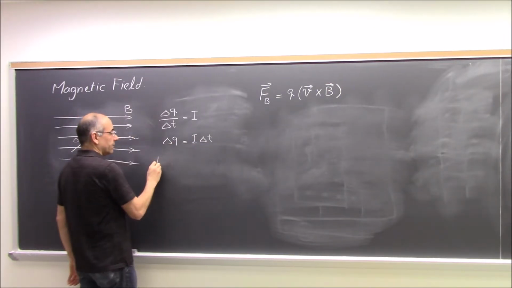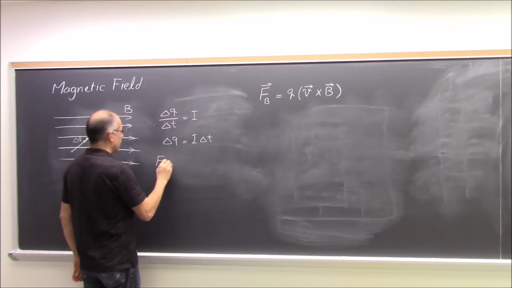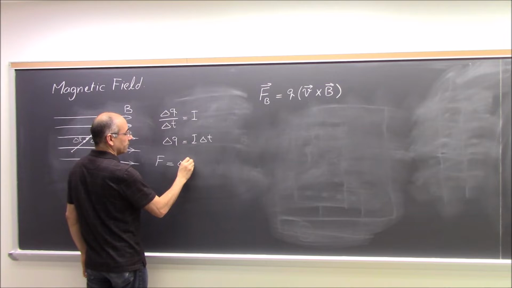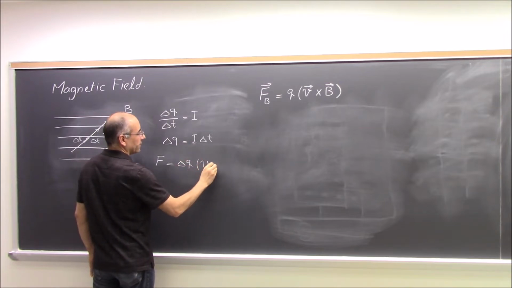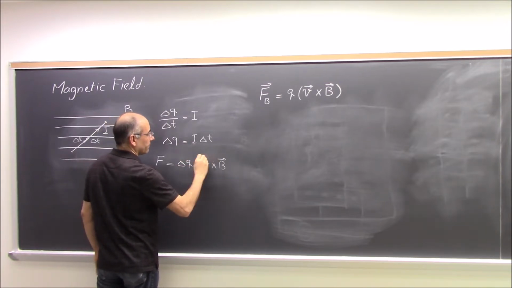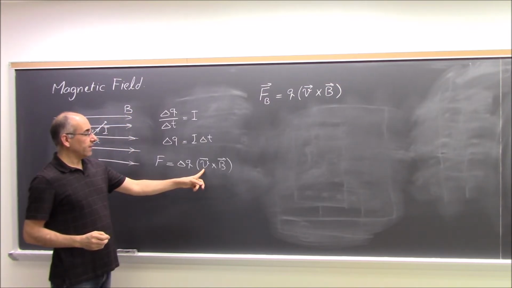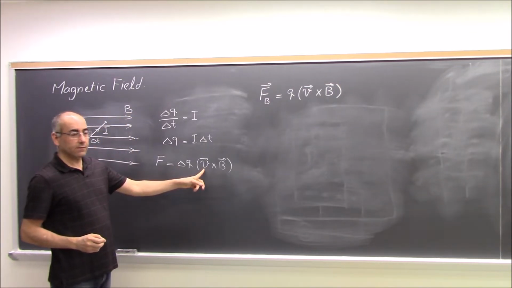But then the force acting on this part is delta Q times V cross B. And then V is delta L over delta t, right?